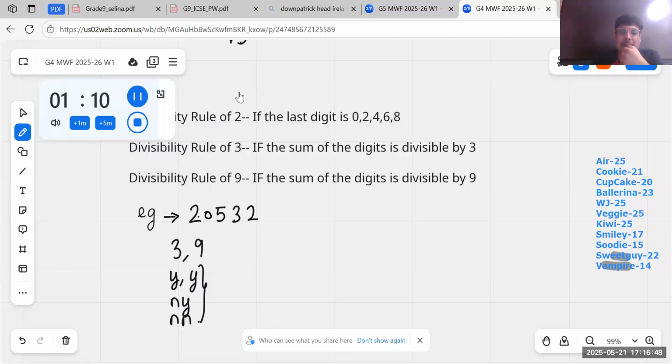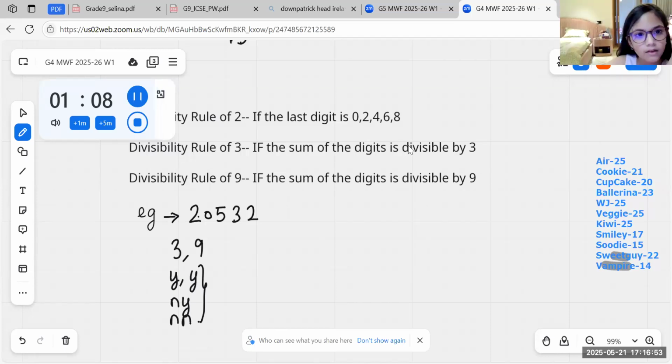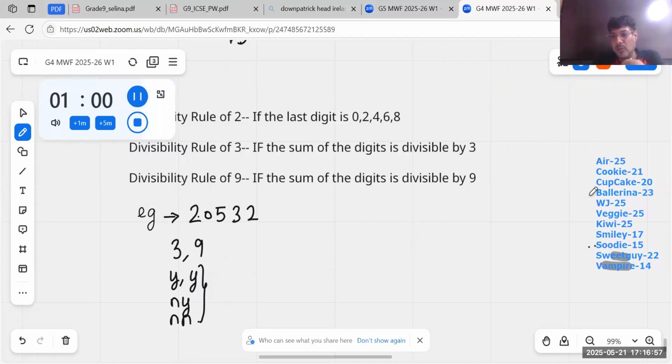शनाया आपको समझ आ गया? Yes, sir. Oh, you sent your answer also. Good. So Shanaya is correct. And Kiwi is correct. Guys, don't send to me.